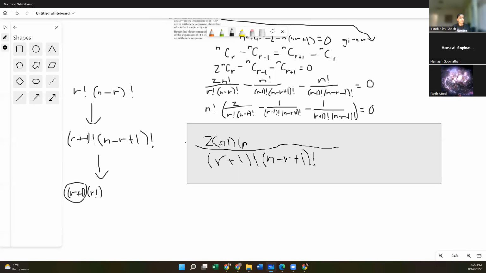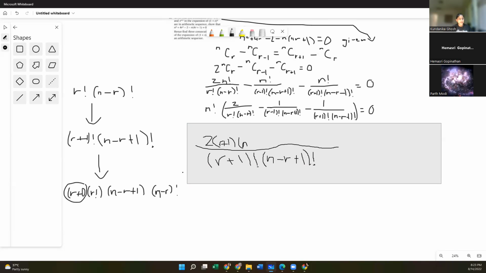And then you take the next term. N minus r plus 1 factorial can be rewritten as n minus r plus 1 times n minus r factorial, right? Because this minus 1 factorial will get you to this.